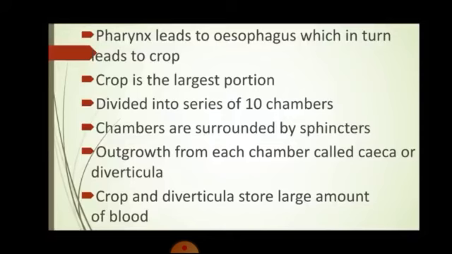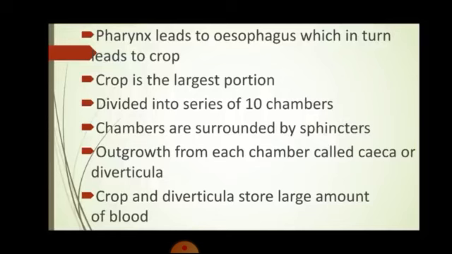It is divided into a series of 10 chambers, and each chamber communicates with the next through a circular aperture surrounded by sphincters. Each chamber consists of a small anterior part and a broad posterior part containing a pair of laterally, backwardly directed blind outgrowths called ceca or diverticula.